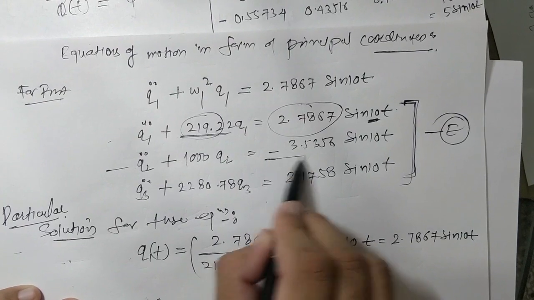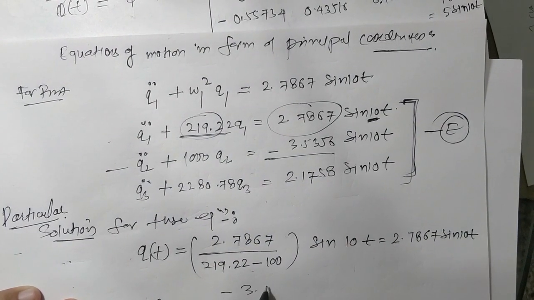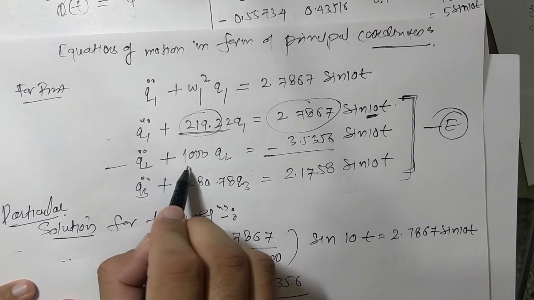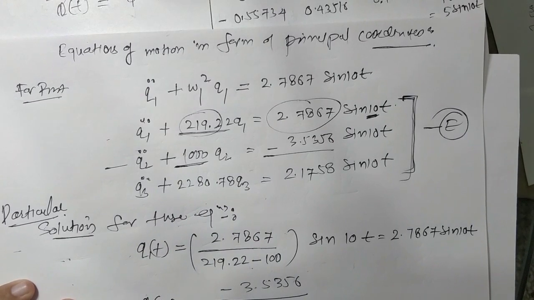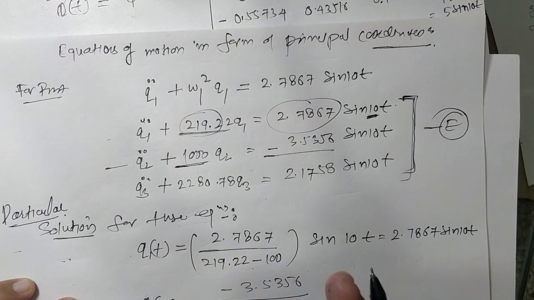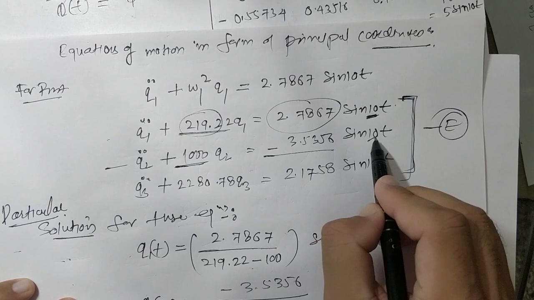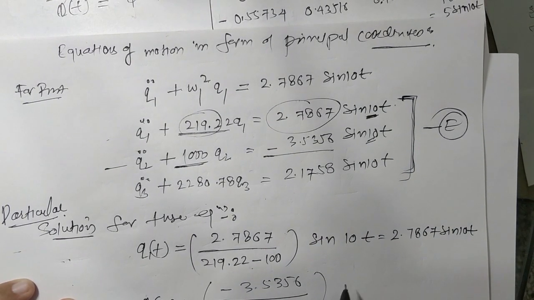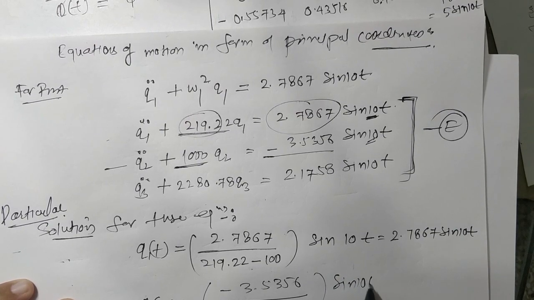q2 naught, and that is minus 3.5356 over k2. K2 is omega 2 square, and omega 2 square we already found out is 1000. So 1000 minus m2 omega square, and in the modal matrix m2 is 1 only, and omega, the excitation frequency, is 10. So the square of 10 is 100, multiplied by sine 10t.